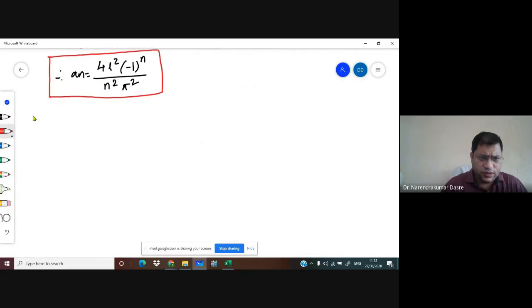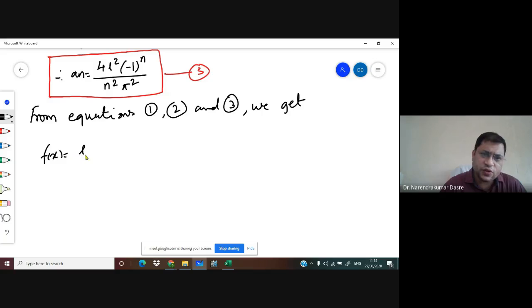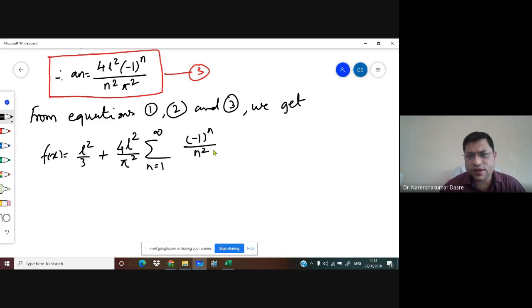So hence from equations 1, 2 and 3, we get f of x is equal to L square by 3 plus 4L square upon pi square summation n running from 1 to infinity minus 1 raised to n upon n square cos of n pi x by L. Or what was the function? x square.